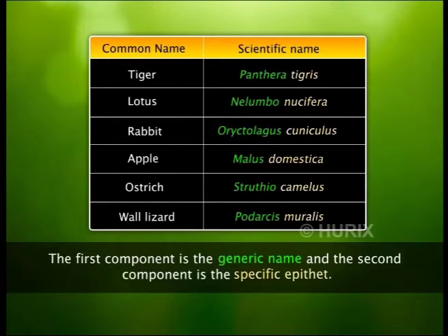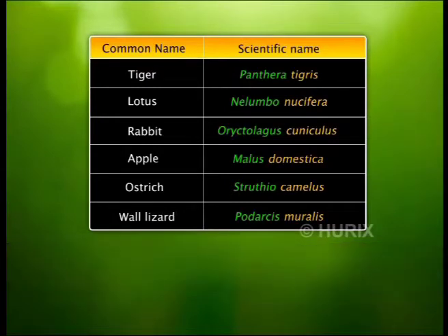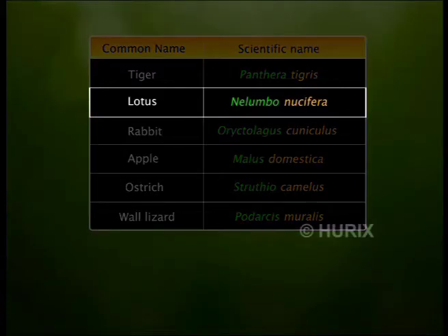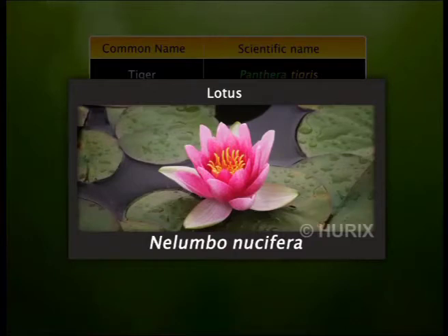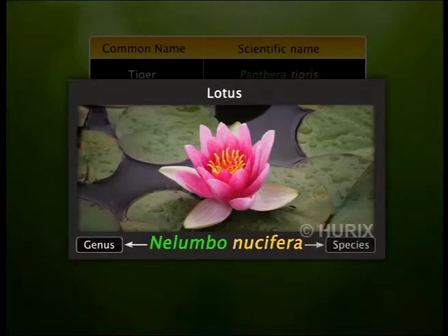The second component is the specific epithet, and it denotes the species to which the organism belongs. Let's understand this with the example of the lotus. The scientific name of the lotus is Nelumbo nucifera. This scientific name indicates that the lotus belongs to the genus Nelumbo and the species nucifera.